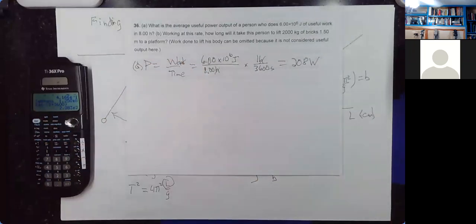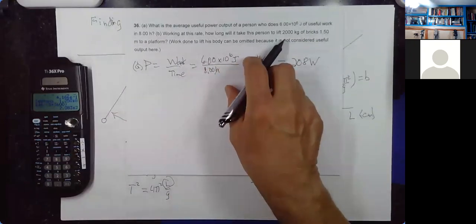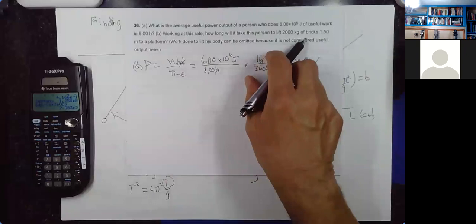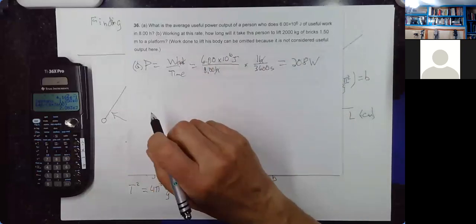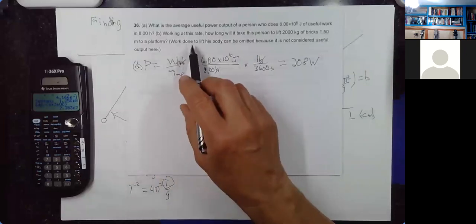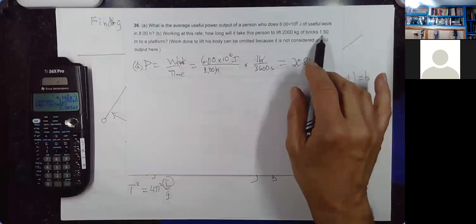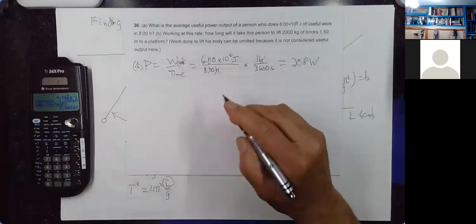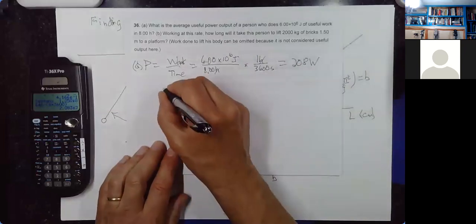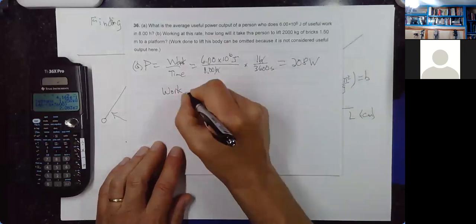And then working at that rate, how long will it take to lift 2,000 kilograms of bricks 1.50 meters to a platform? Well, let's figure out how much work actually has to be done to lift those things 1.50 meters. And the work in that case, you're working against the force of gravity.